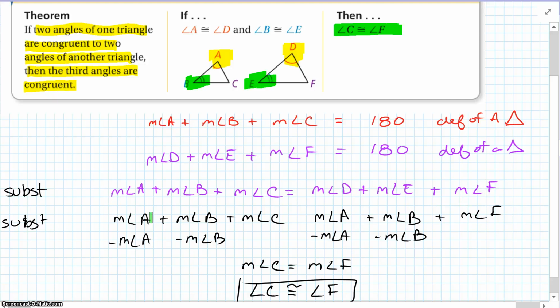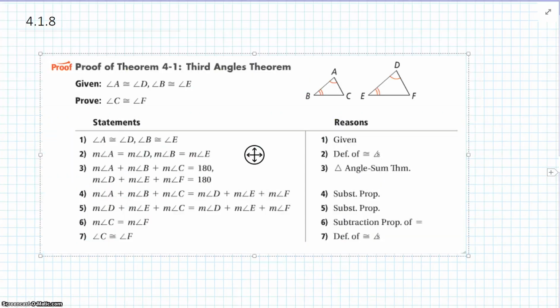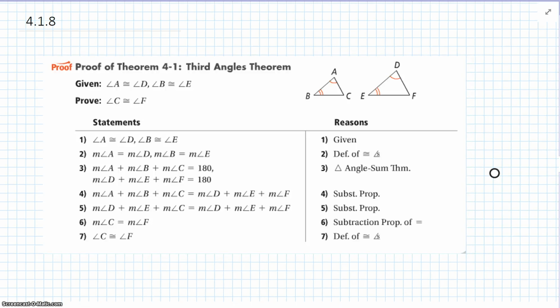So we have the measure of angle A plus the measure of angle B plus the measure of angle C equals the measure of angle A plus the measure of angle B plus F. So we subtract A and B from each side, so we get the measure of angle C is equal to the measure of angle F. Okay, and here's an example again, just exactly what we just worked through.